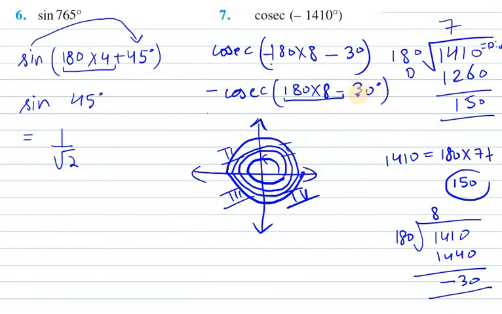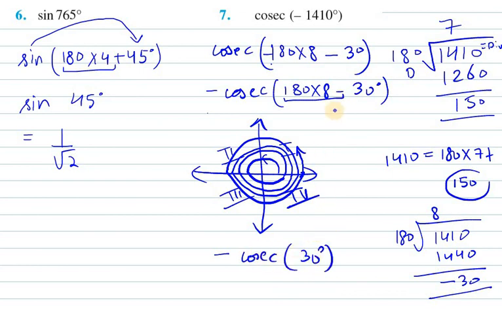Then we have minus 30 here. So minus 30 will be somewhat here after this quadrant. So here we can conclude that it is in the fourth quadrant, 180 into 8. Therefore I will be writing the answer as minus cosec 30.